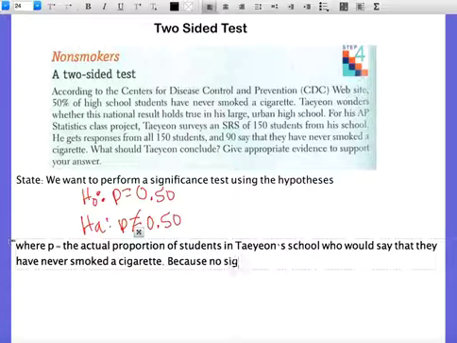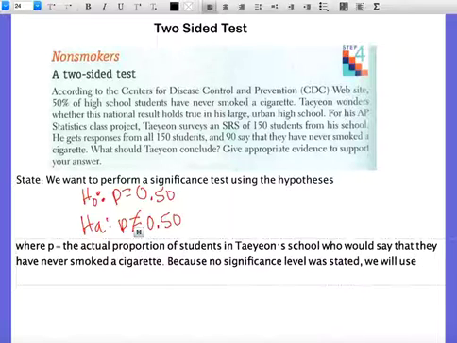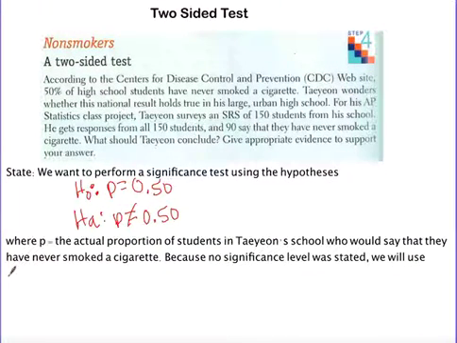Because no significance level was stated, we will use alpha equals 0.05. So remember, if they do not give you a significance level, we always use the 0.05.